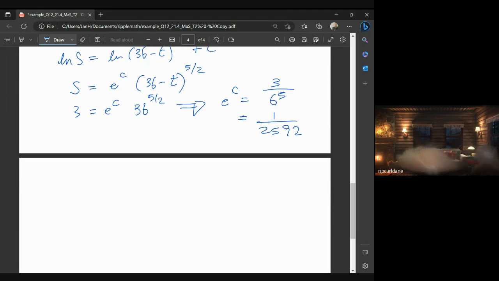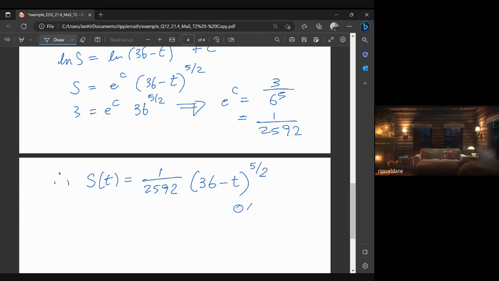And so finally, you'll get S as a function of t equals 1 over 2592, 36 minus t to the power of 5 on 2, and t is obviously between 0 and 36.